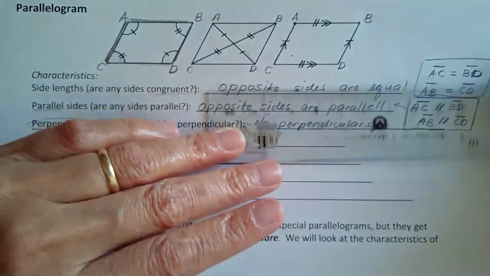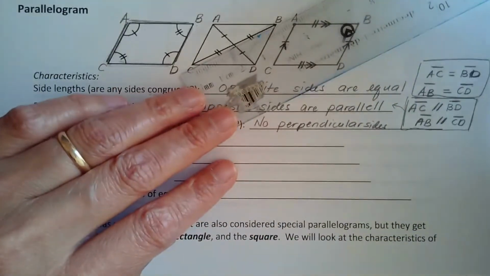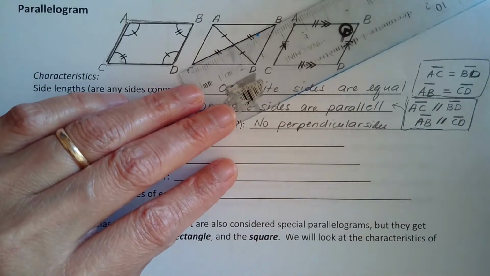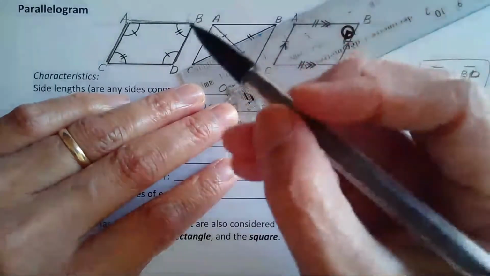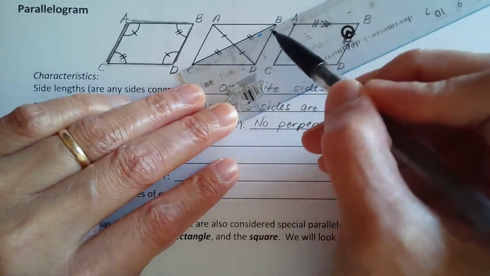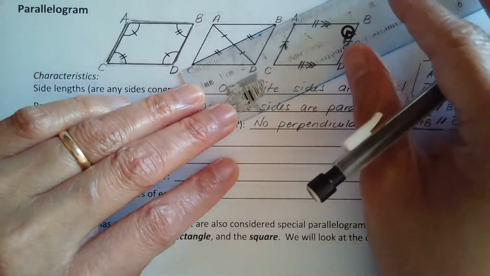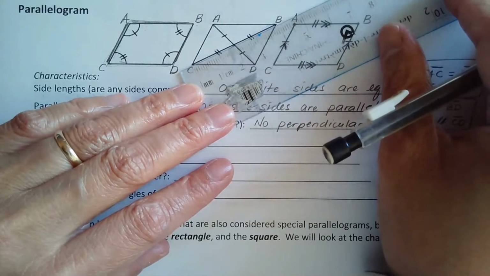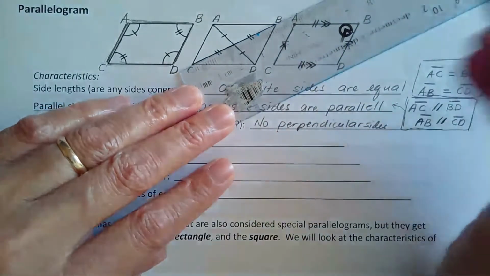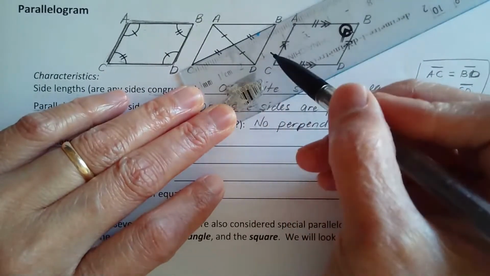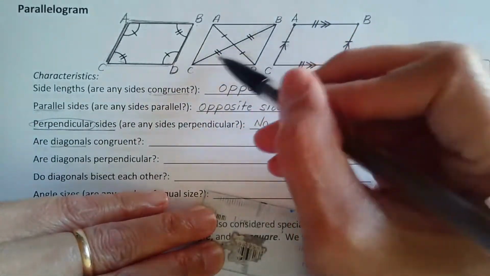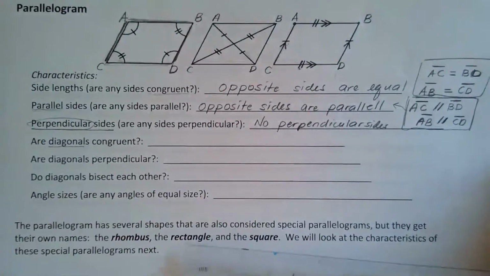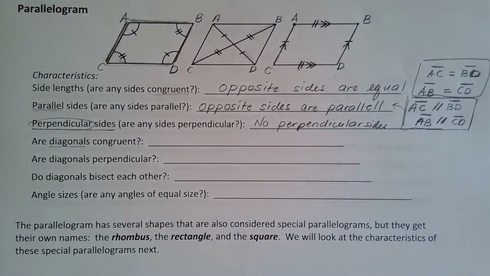And then from C to B, it's about 4. So this one here is 2.5, and then this one is about 4. So they're not congruent. They're not equal to each other.